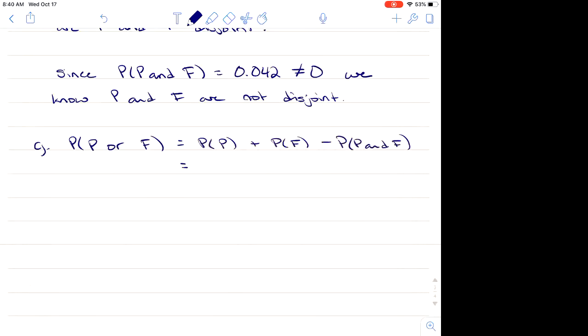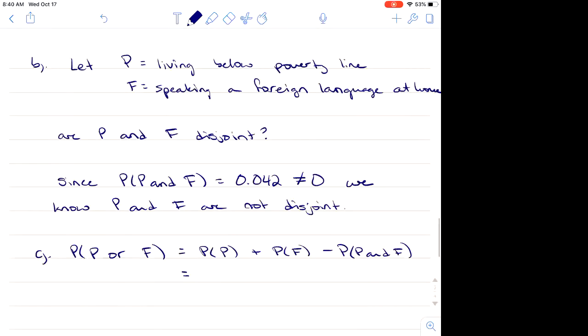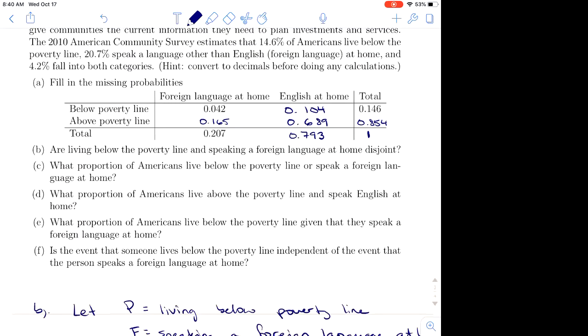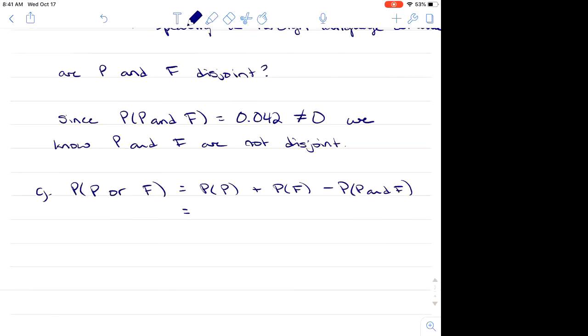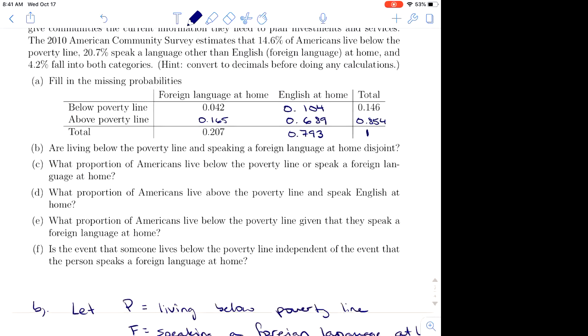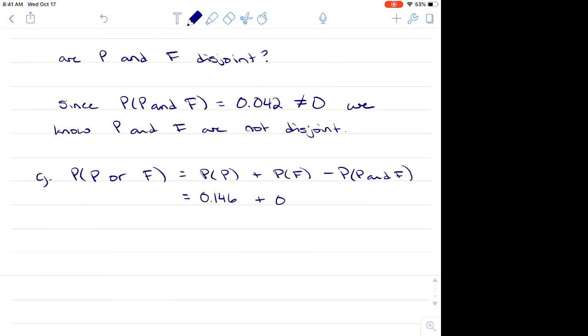The probability of P, right, we were told was 0.146, right? It's the total probability of living below the poverty line. 0.146 plus the probability of F was 0.207 minus the probability of P and F, which is 0.042.